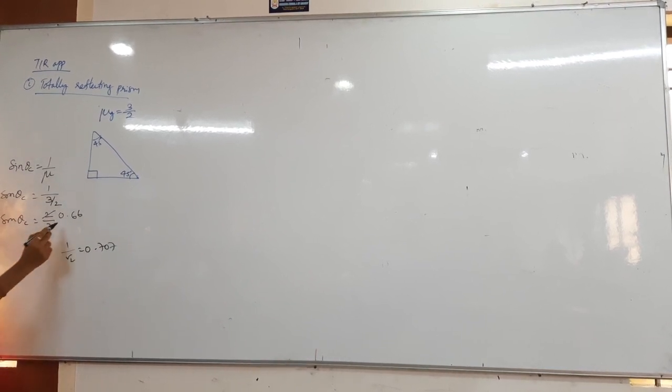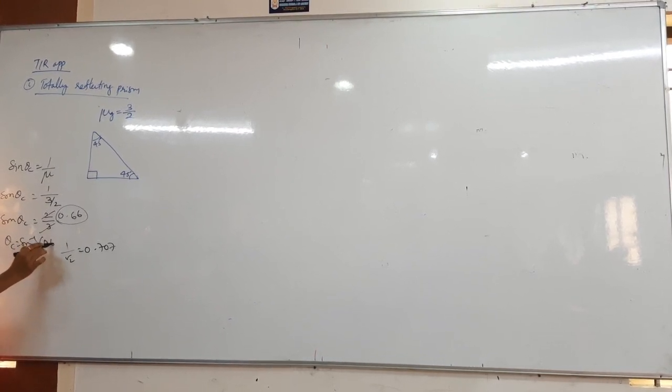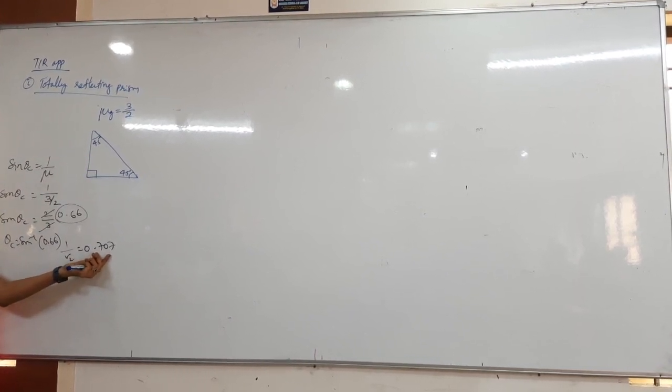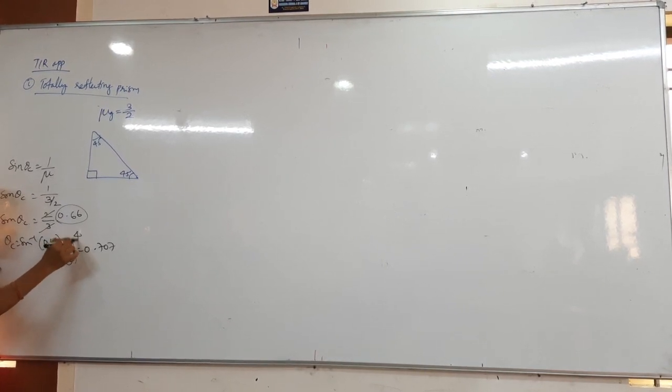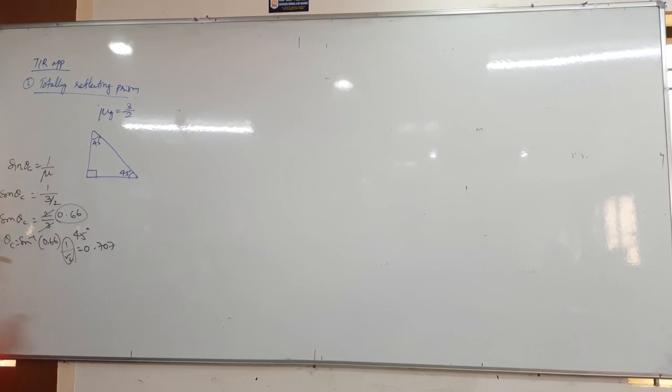0.707. But now my value is how much? 0.66. So this theta c is equals to sin inverse of 0.66. 0.66 is approximately near to 0.707, but is it less than that or more than that? Less than that. This angle belongs to which one? 45 degrees. Now my angle will be less than 45 or more than 45?